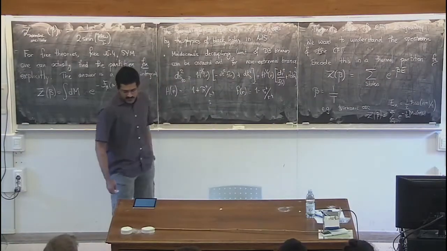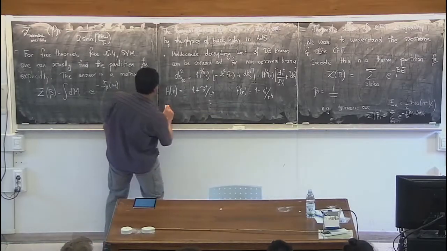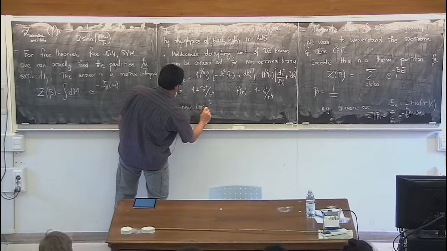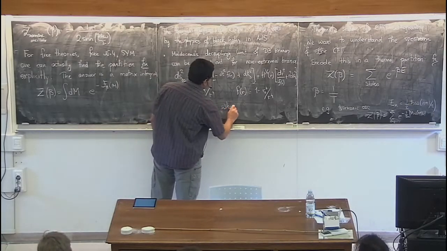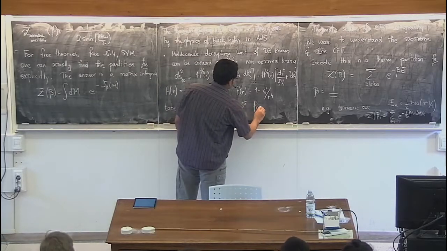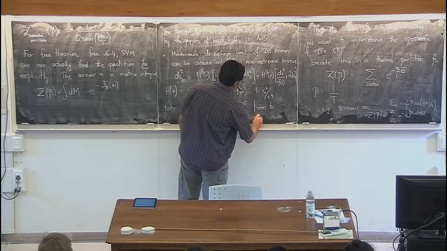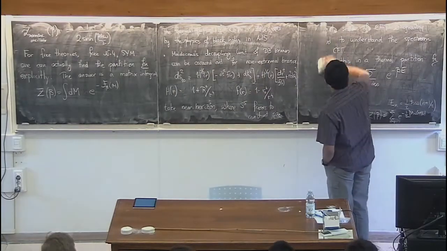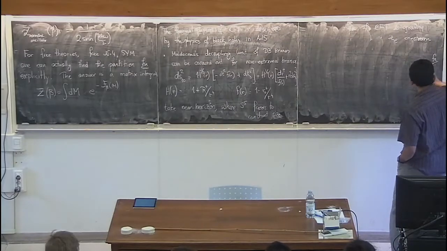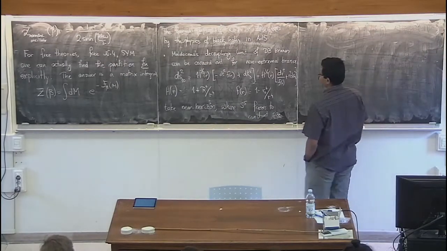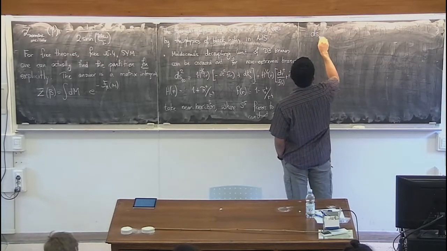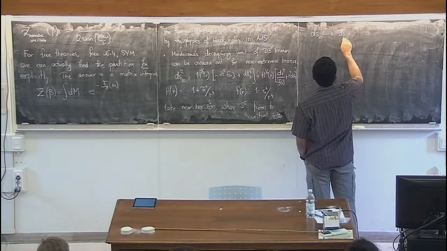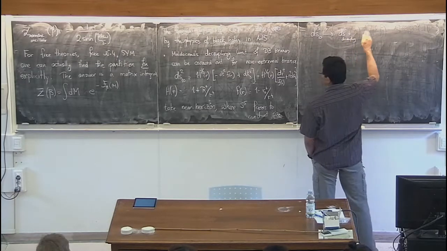So given this solution, we can take the near horizon limit where the S5 freezes out, and what you're left with is a new geometry.